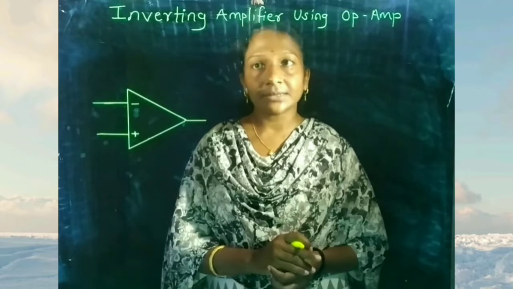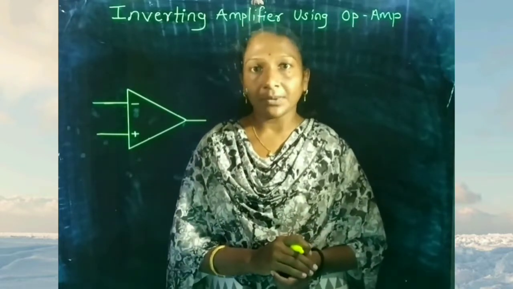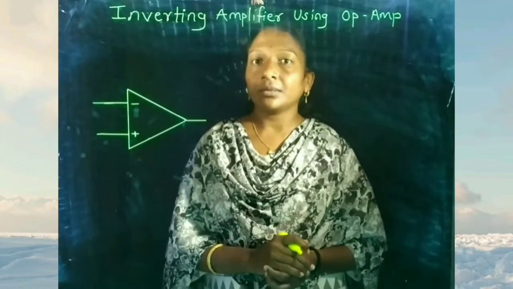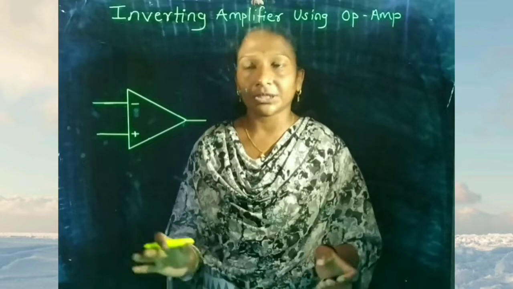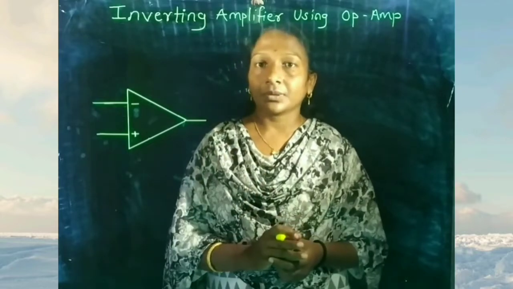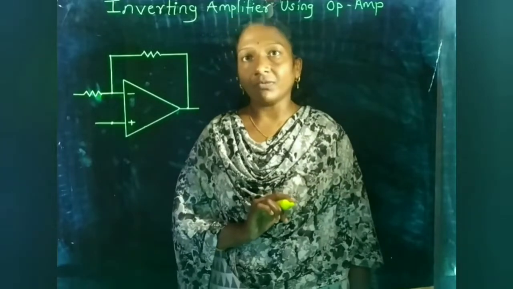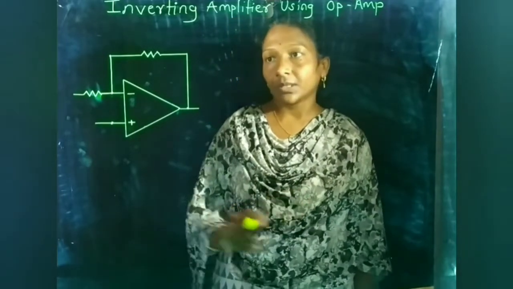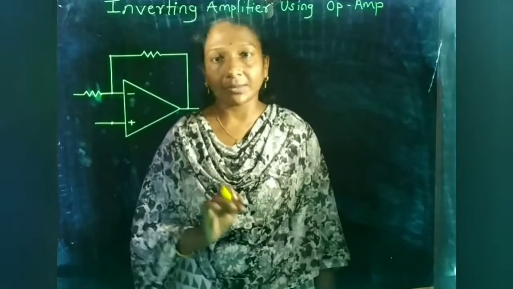So let's see the inverting amplifier using op-amp configuration and find out the closed loop voltage gain for the configuration. We see the configuration of the inverting amplifier. Here we use extra resistors as the feedback component.